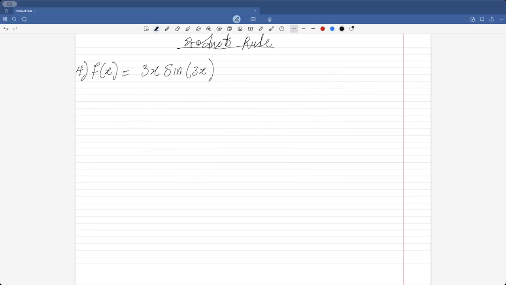So this is another form of product rule question. So to solve this question, let's not forget, as usual, we call our function f(x). We call the second part g(x). So our formula is still f prime x equals f prime x g(x) plus g prime x f(x).